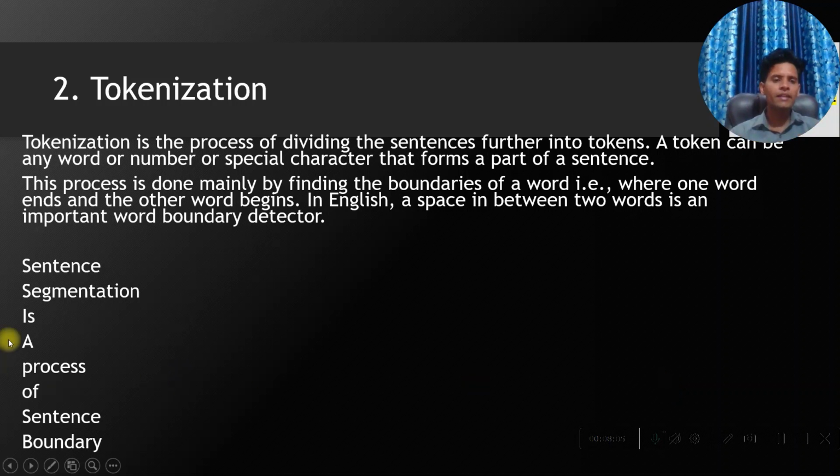So we put each and every word from a sentence separately. This is called tokenization. That means we made sentences from the paragraph, and now from the sentences we separated each and every word. This is called tokenization. Clear? Any doubt? I hope no.